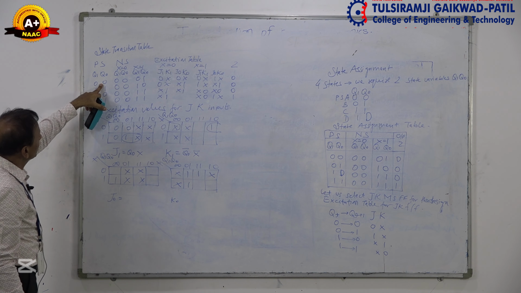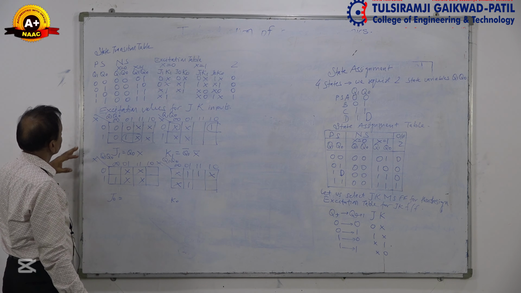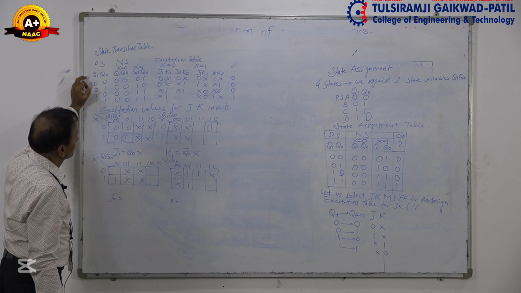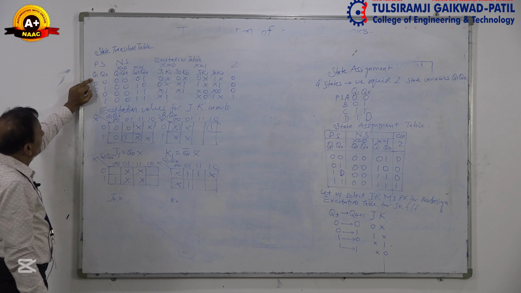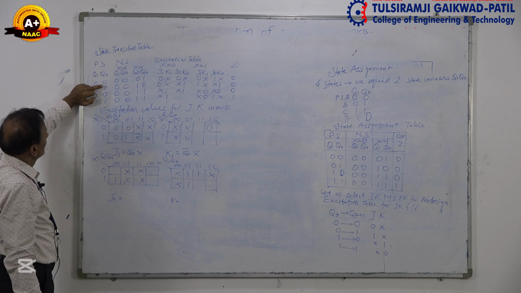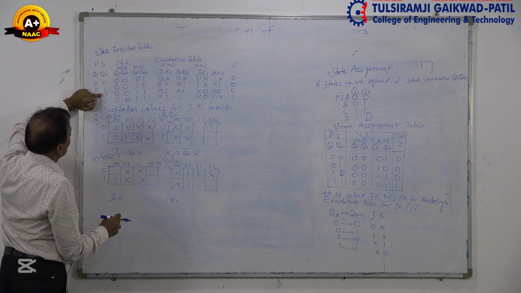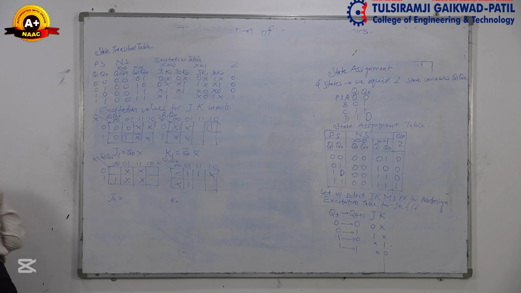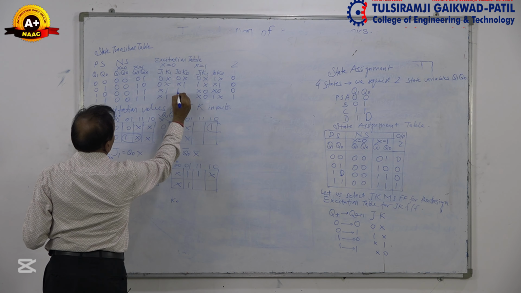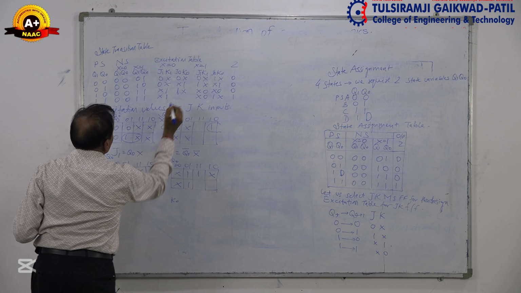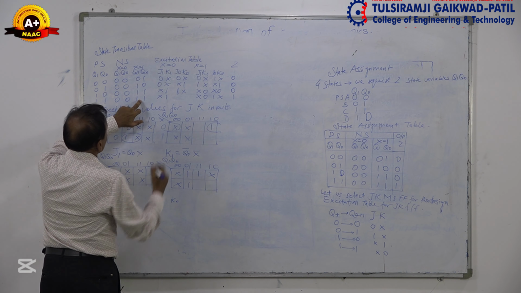And here for Q0, for x equal to 0, it will be 0 to 0 is 0, don't care, 1 to 0 is don't care, 1, then 0 to 1 is 1, don't care, and 1 to 1 is don't care, 0.